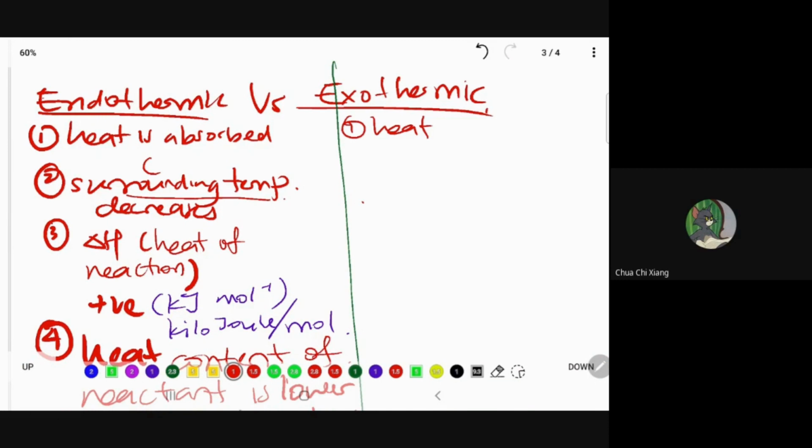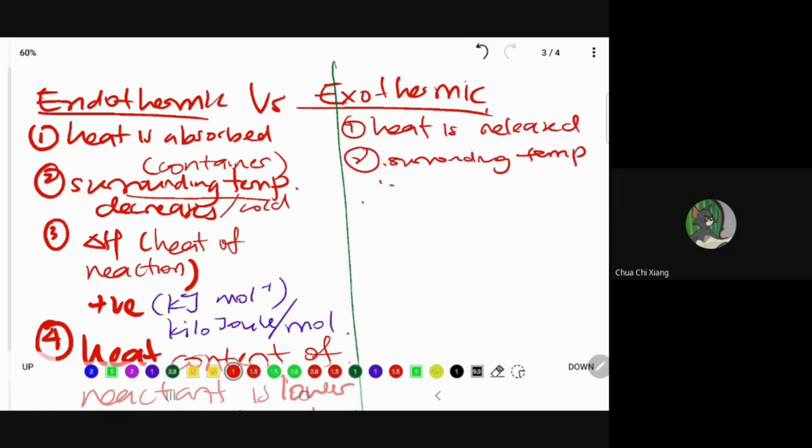So the surrounding here might be the container. It doesn't necessarily have to be the surrounding, okay? So heat is released for exothermic reaction, and the thing becomes hot, or the surrounding temperature increases, and heat of reaction is negative.